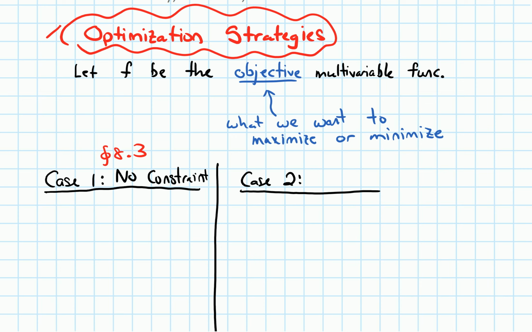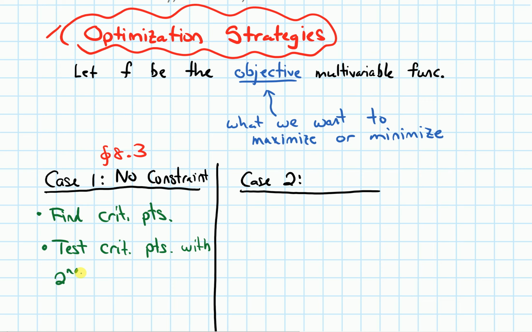And our strategy for dealing with these was we took our partial derivatives and we then found critical points. And then after we have those, we test the critical points with the second derivative test to see if they give us a max or a min or a saddle point to get a conclusion.